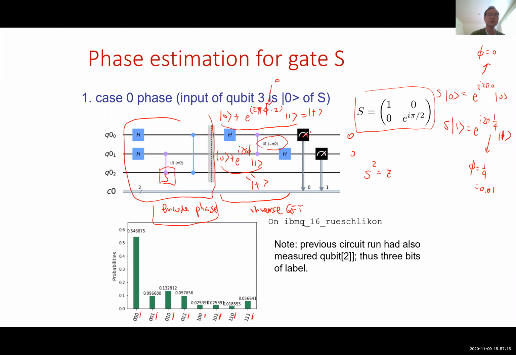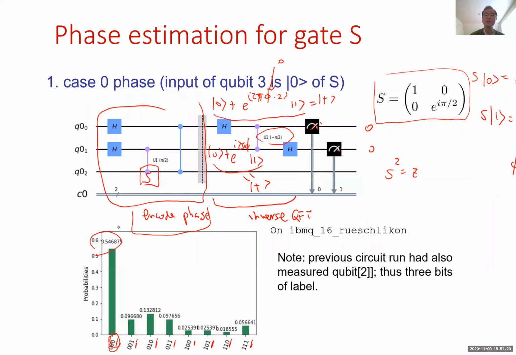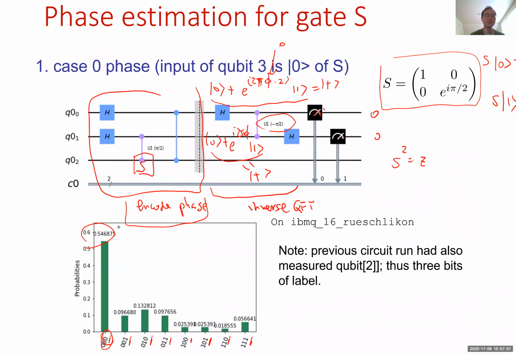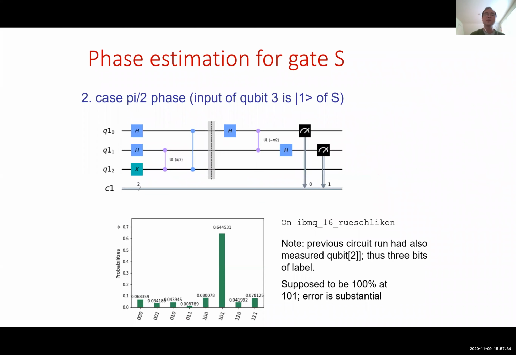Right? So this is an actual run on a real machine. The 0, 0 is the correct answer, but it has only a probability of about 55%. In the case of 1, you can read it out, but the phase, as I said, is 0.01, so there's a 0, 1 here.